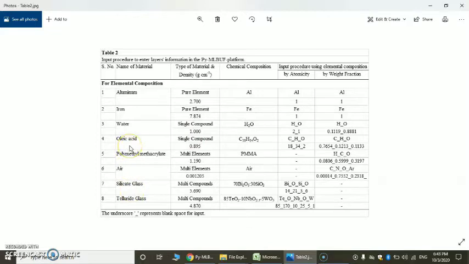So we can say oleic acid is a single compound, like water is a compound. Then we have multi compounds also like silicate glass or air.